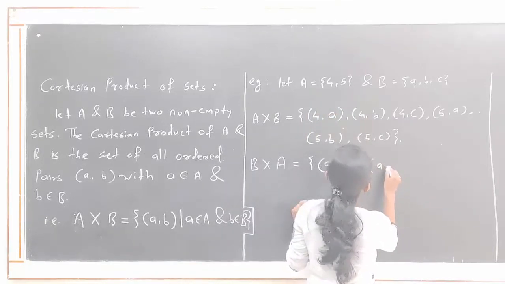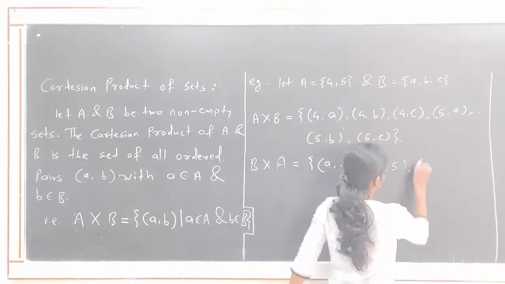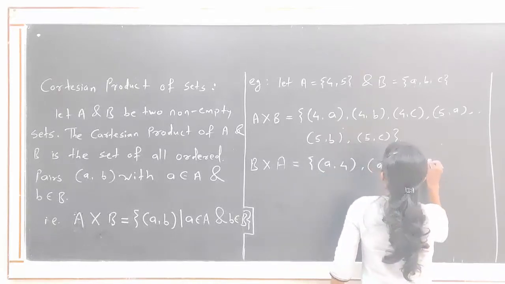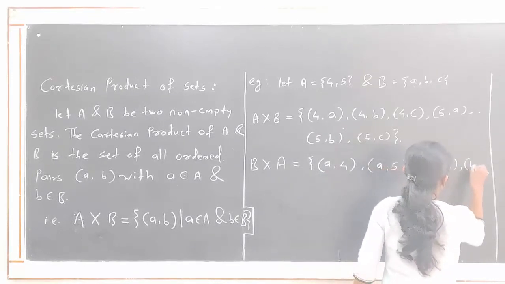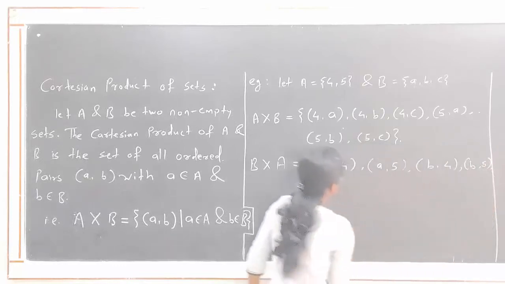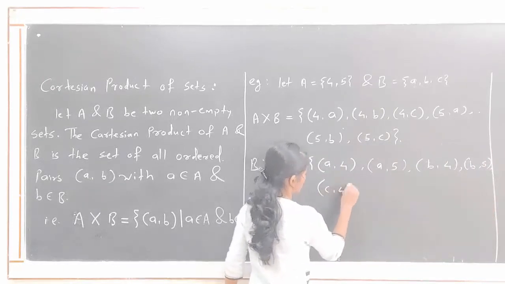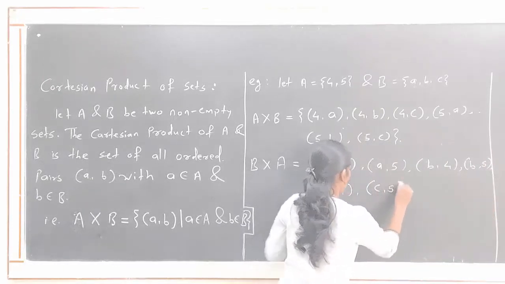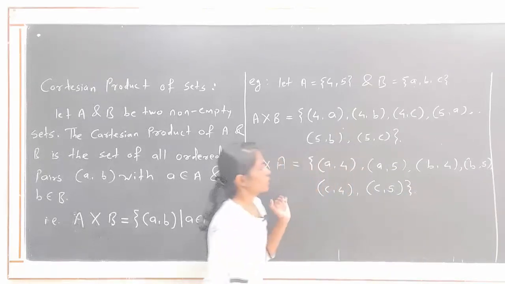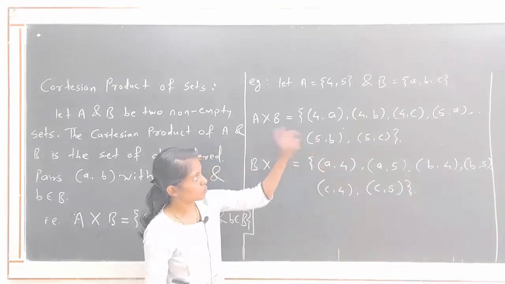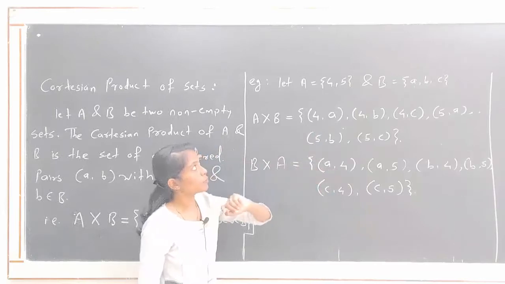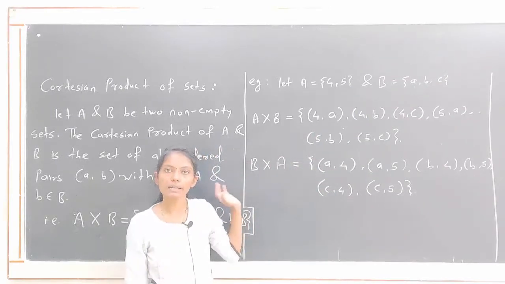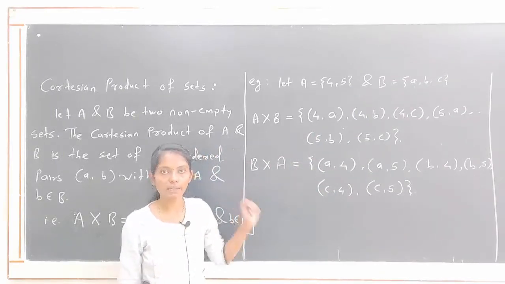Then (a, 5). Similarly (b, 4), (b, 5), (c, 4), (c, 5). Okay. So here a belongs to set B and 4 belongs to set A. This is the Cartesian product of set B and A.